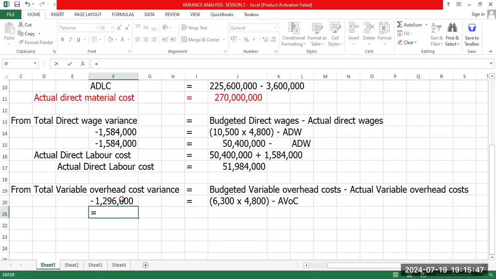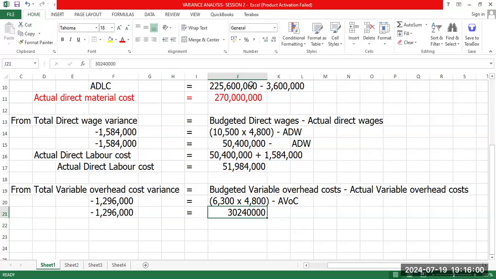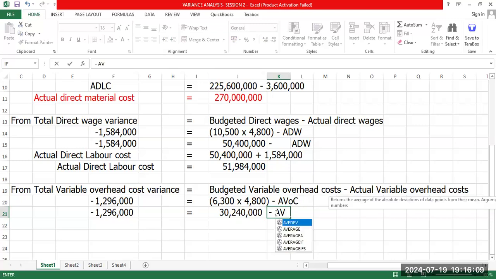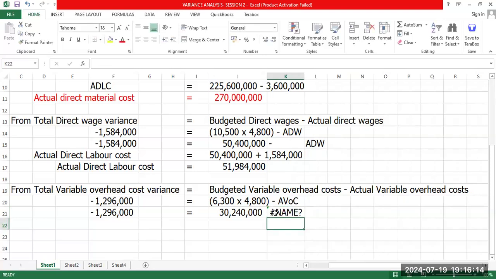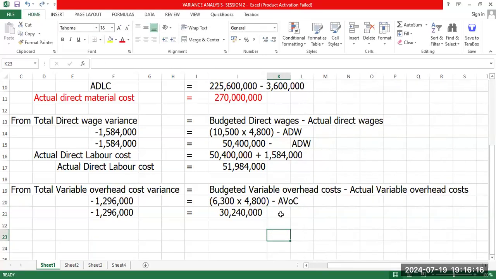And how much do you get if we multiply? Here, you get 30,240,000. Okay, then we are going to subtract our actual variable overhead cost.